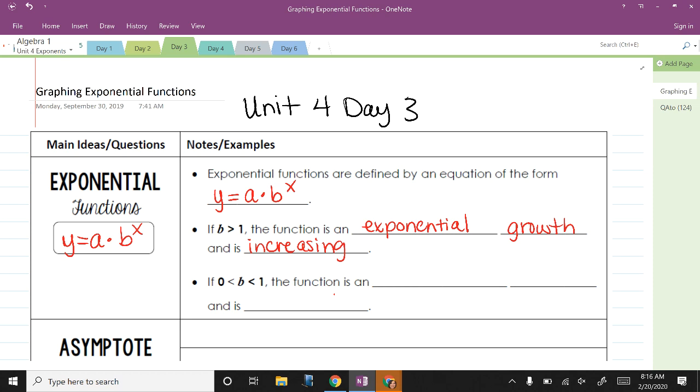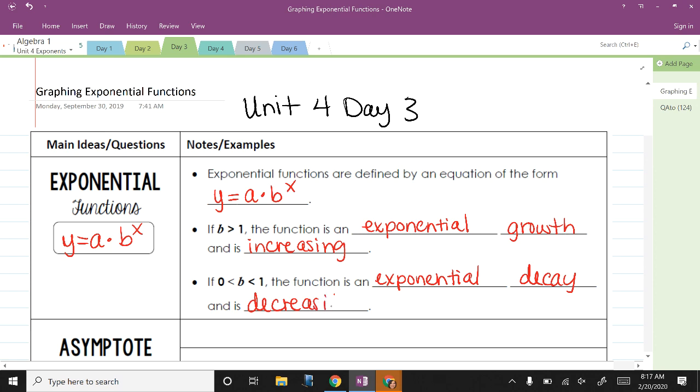But if we have a fraction that's between 0 and 1, then the function is an exponential decay. What does decay mean? Yes, it means it goes down. So it's decreasing. That means the graph will be going down from left to right. Increasing means the graph goes up from left to right, and decreasing means it goes down from left to right.